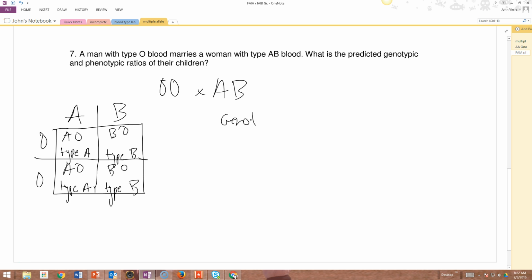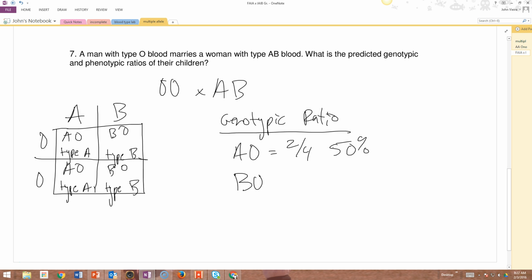So the genotypic ratio: you got AO, there's 2 out of 4, 50%. BO, 2 out of 4, 50%. That's a ratio of 2 to 2, or 1 to 1.